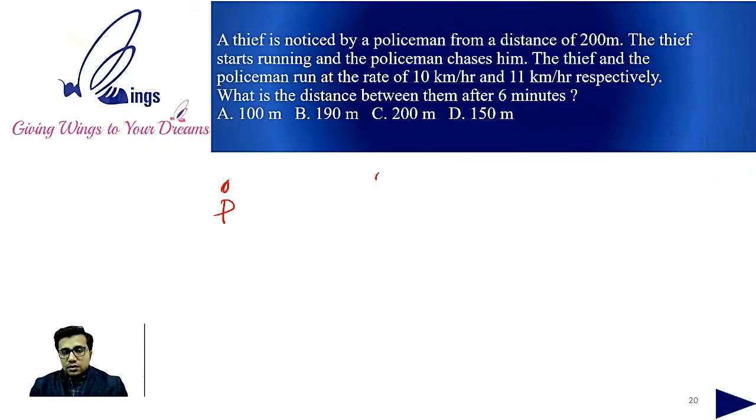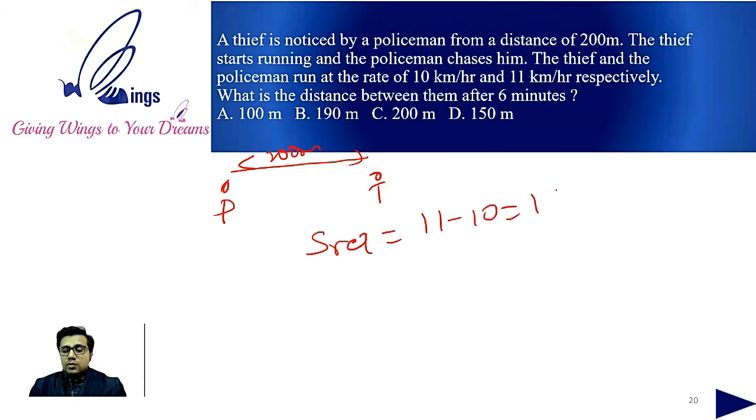Police is here, thief is here. The distance between them is 200 meters, and the speeds are 10 and 11. Because they are in the same direction, the relative speed of police and thief will be 11 minus 10, that is 1 kilometer per hour. So the distance traveled in 6 minutes will be 1 kilometer per hour into 6 by 60 hours, because it was 6 minutes, right?